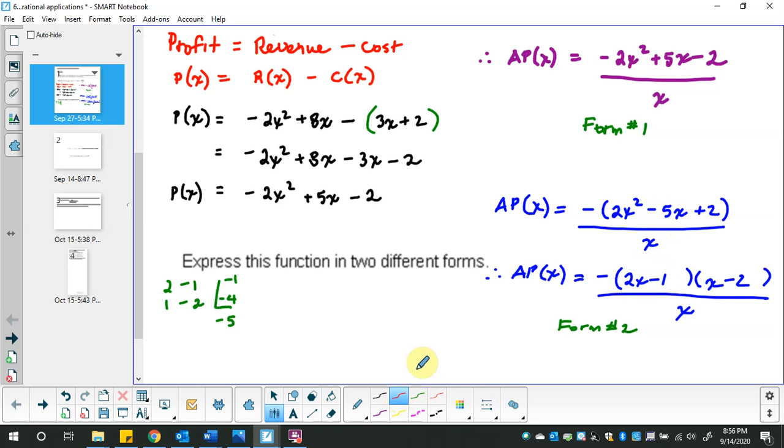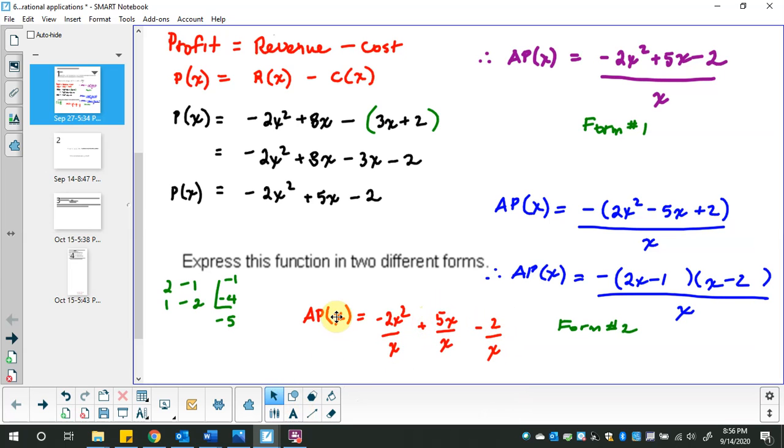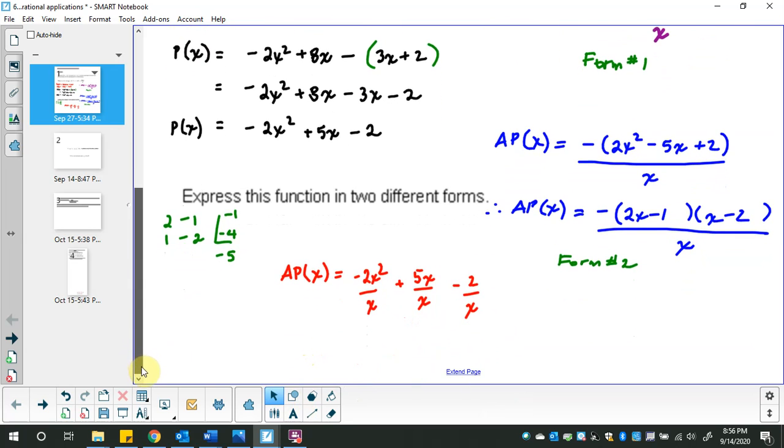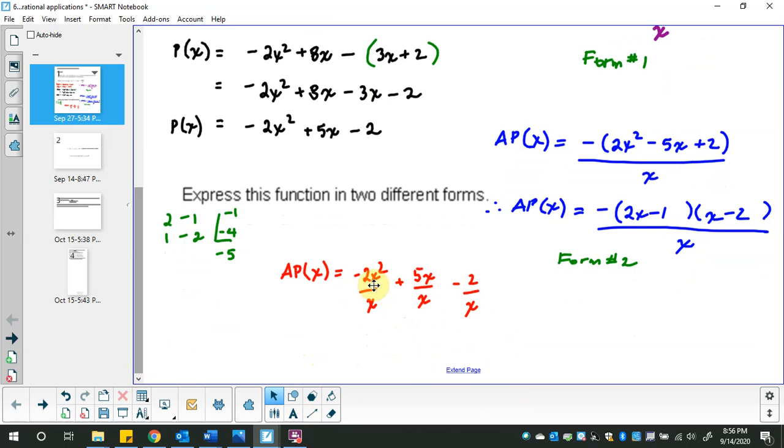I'm going to go looking for one more, and I don't know if you remember from the last note that I said that if you have a monomial denominator, you are allowed to, and I have a very unmathematical name for this, I call this uncommon denominatoring. So instead of putting everything over one denominator, I put each one over the original denominator, and then I'm going to clean it up.